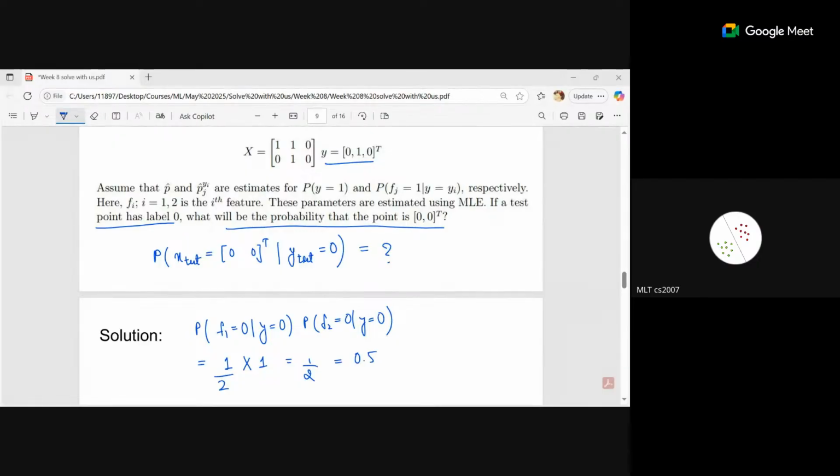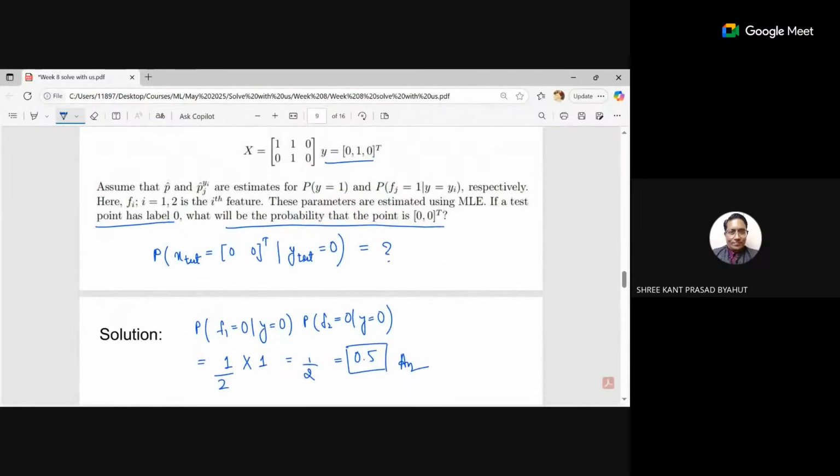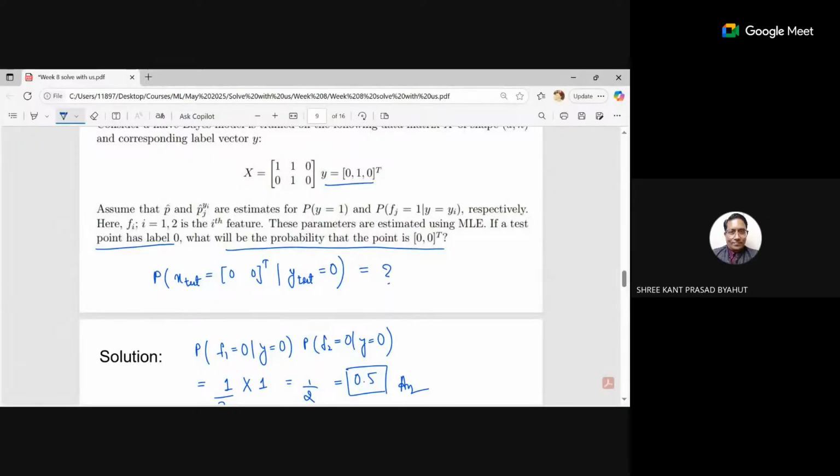Why is it 0.5? Okay, so 0.5 is the answer. We are using here the class conditional independence formula, F1, F2 being independent given the class.